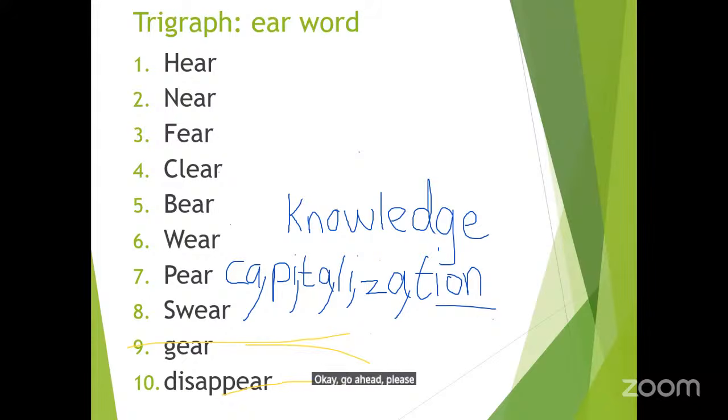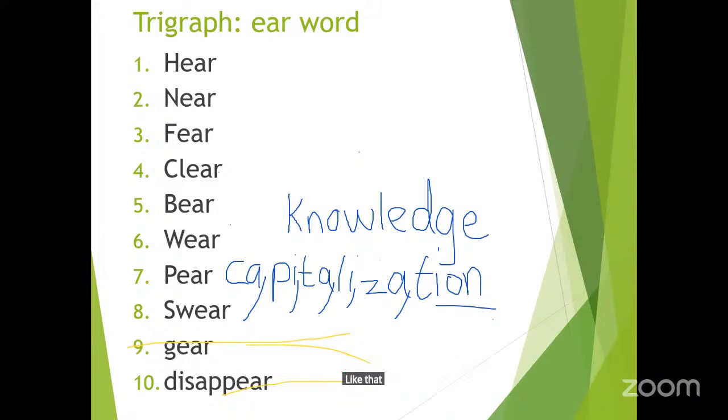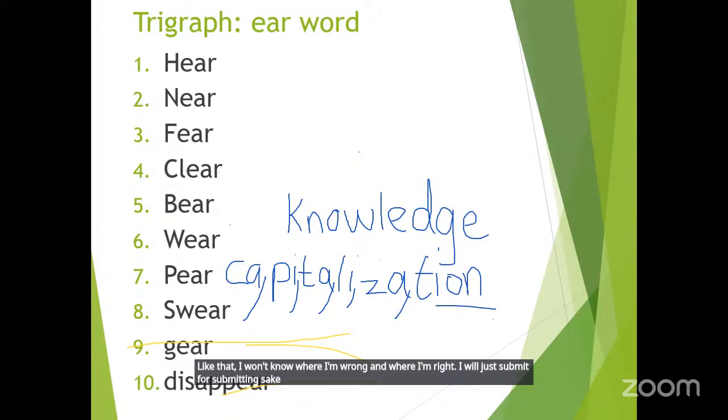In their assignment group, anytime I submit assignments, the auntie does not mark it, but I still continue submitting. I won't know where I'm wrong and where I'm right. I will just submit for submitting's sake, and she won't mark it, but she marks other people's. Maybe the assignment was too much or something.